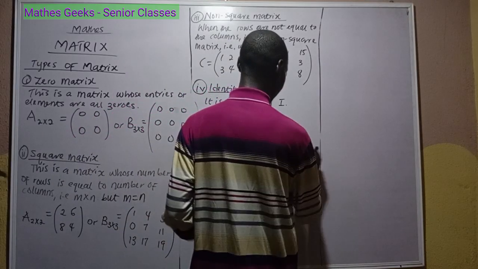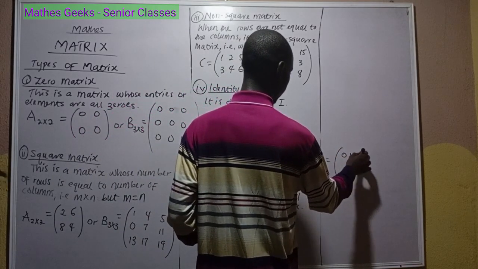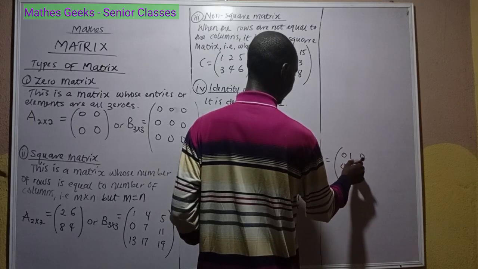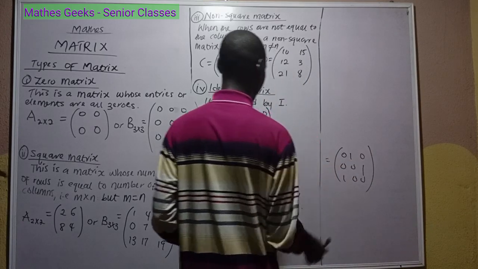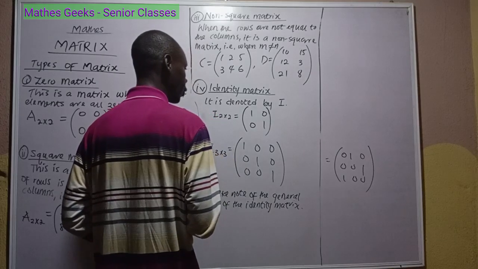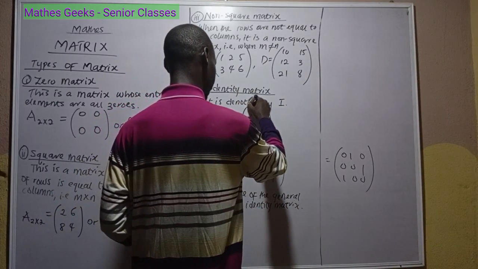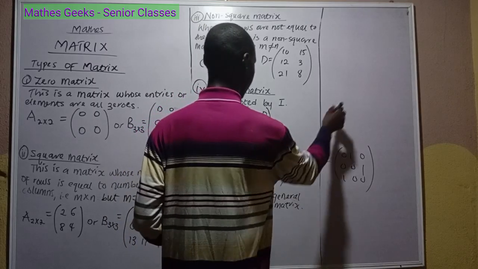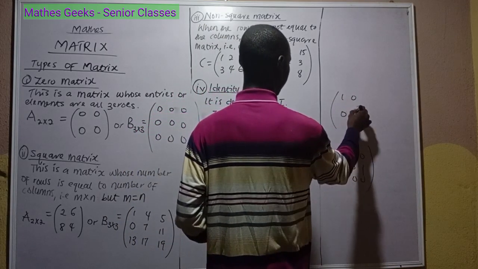Maybe you feel like saying, okay, I want to write 0, 1, 0, 0, 0, 1, 1, 0, 0. No, you don't change it. And the rule of thumb is that it must be diagonal. So you have 1, 0, 0, 1.